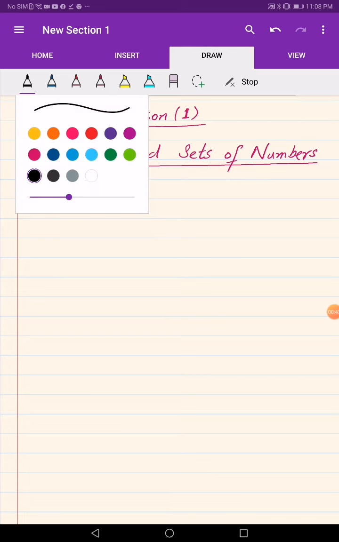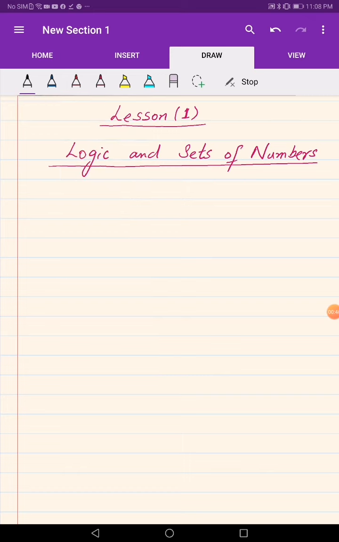Number one, as you all know, is natural numbers. It is denoted by N, and this set is 1, 2, 3, 4.